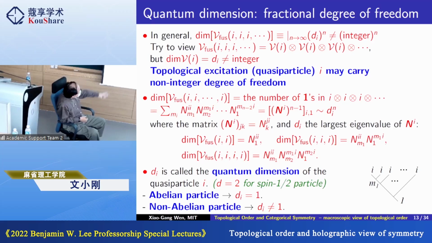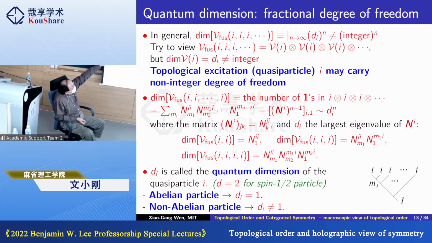So it's really this picture. I fuse I and make it M1. M1 fuse I, make it M2, and so on. And Mn fuse I to get 1. But we make many copies of 1. How many copies tells you the degeneracy.